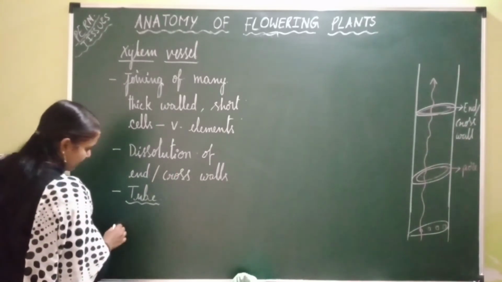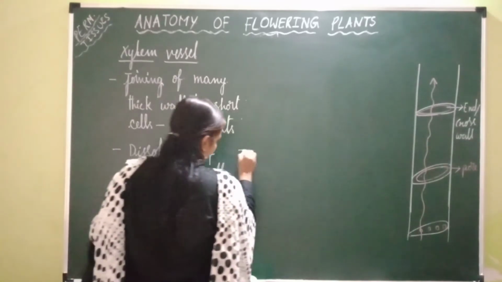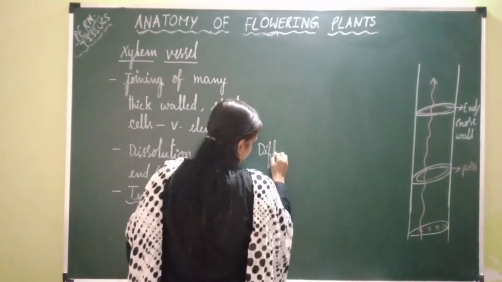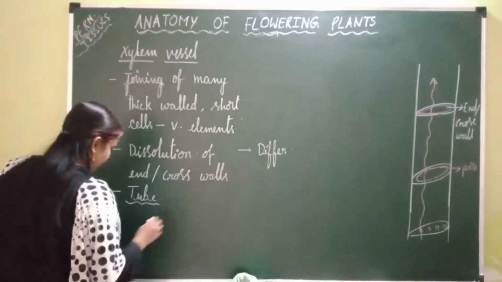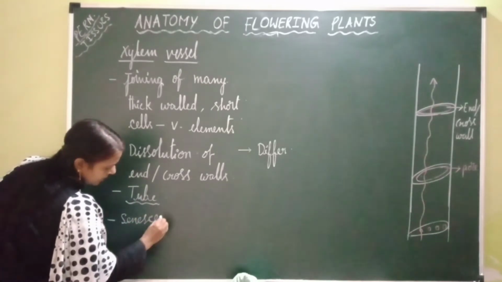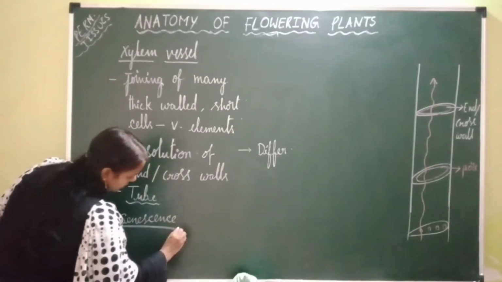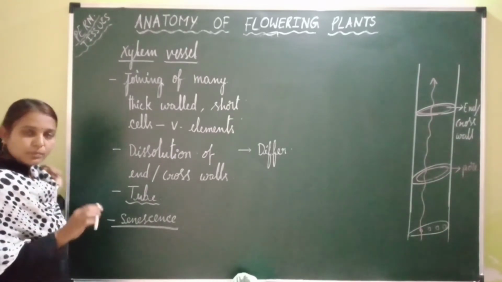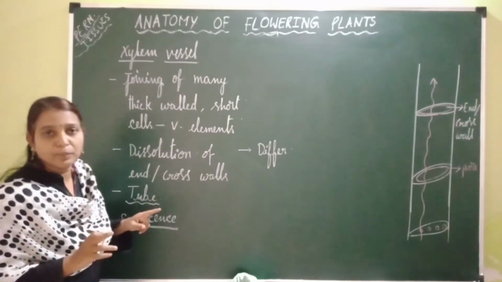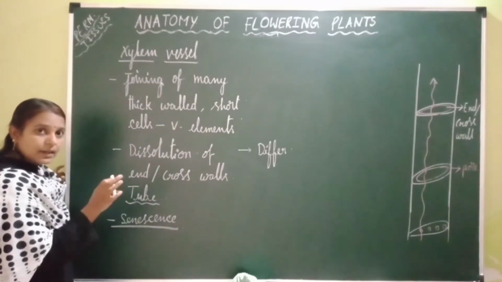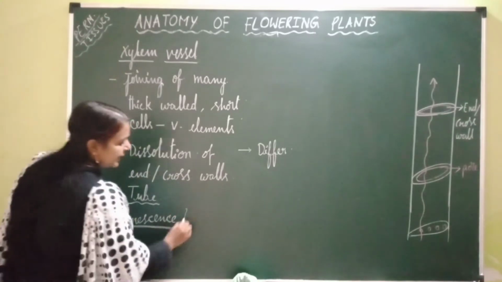So what is happening? They undergo differentiation. Actually they undergo senescence. Senescence is nothing but death. So by losing the protoplast, that is by degeneration of the nucleus, cytoplasm and all other cell organelles, at maturity this vessel undergoes senescence or death.